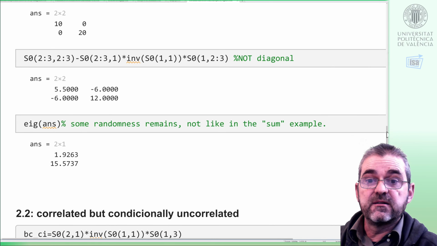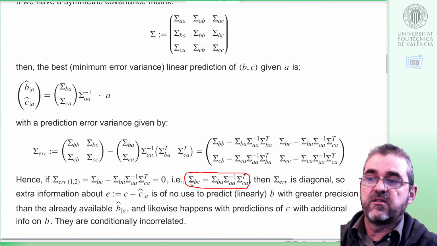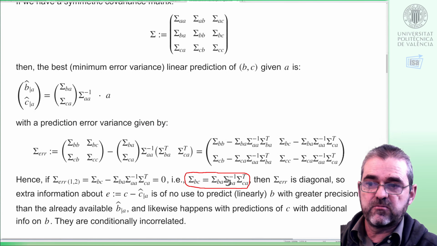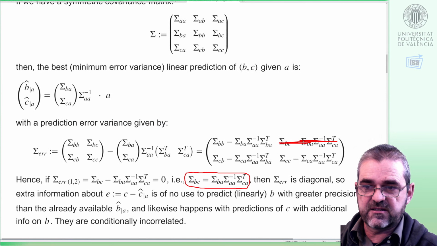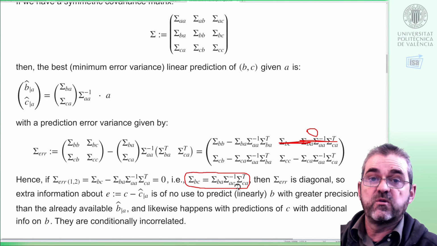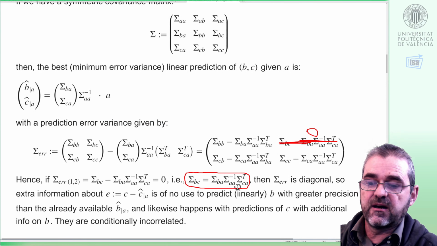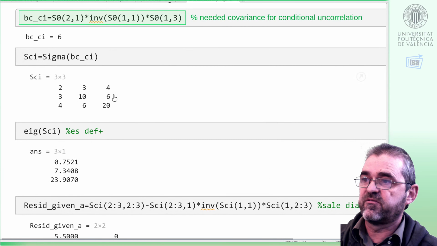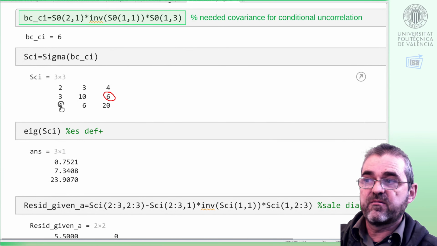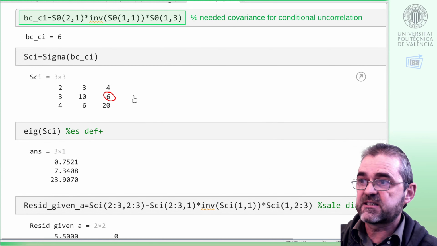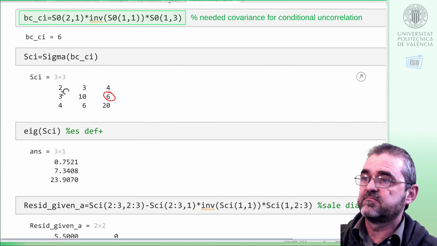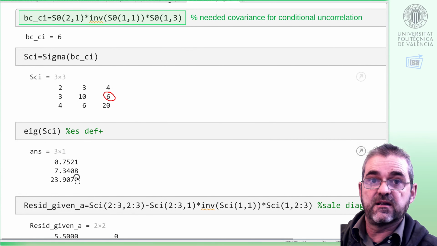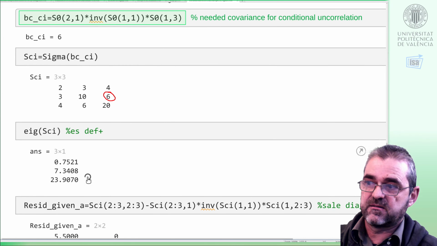Now we will set the covariance between B and C to this value so that this is 0. In this way, we will get conditional uncorrelation. Let's see. If this value is 3 by 4, 12 divided by 2, 6, there it is, then we check that it's still a positive definite matrix.